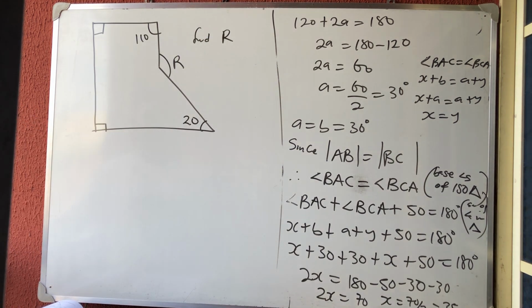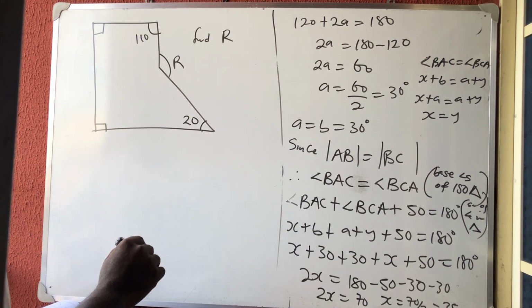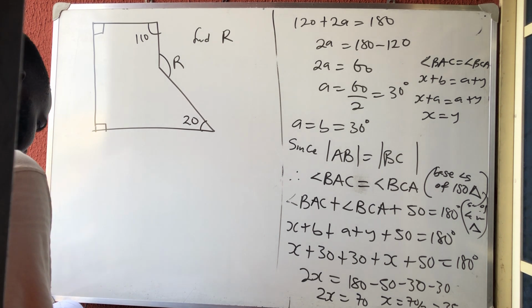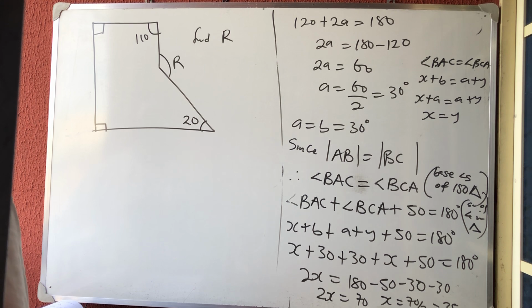To find R is very simple. Now if you look at this, sum of angles in a quadrilateral. Okay, this is not a quadrilateral. How many sides?